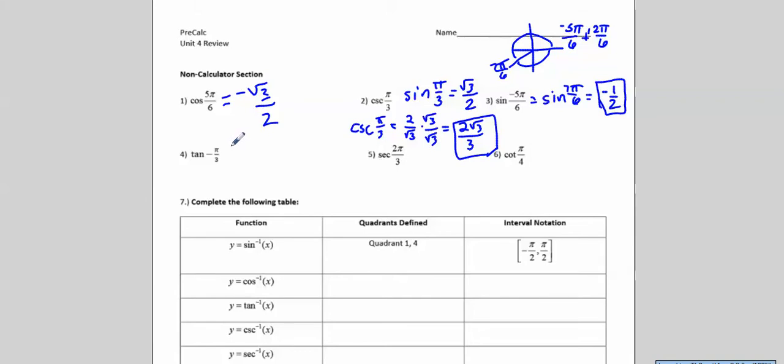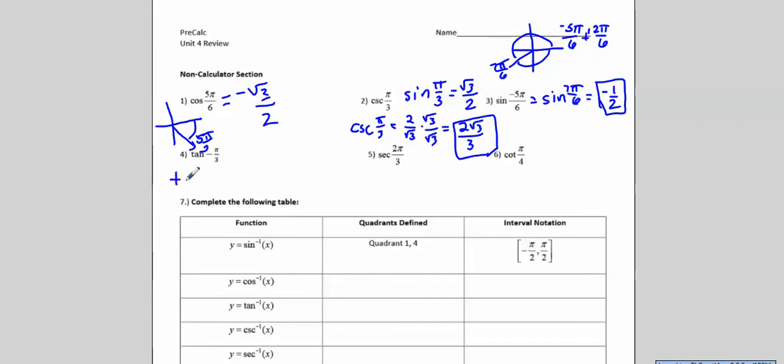In problem 4 we're doing the tangent of negative pi over 3. Using one of the strategies from number 3, you have to figure out where that would be on the unit circle. If I go backwards pi over 3, I'm going to end up right here, and that would be 5 pi over 3. Again, you could just take negative pi over 3 and add 2 pi to it, finding a common denominator, and you would also find 5 pi over 3.